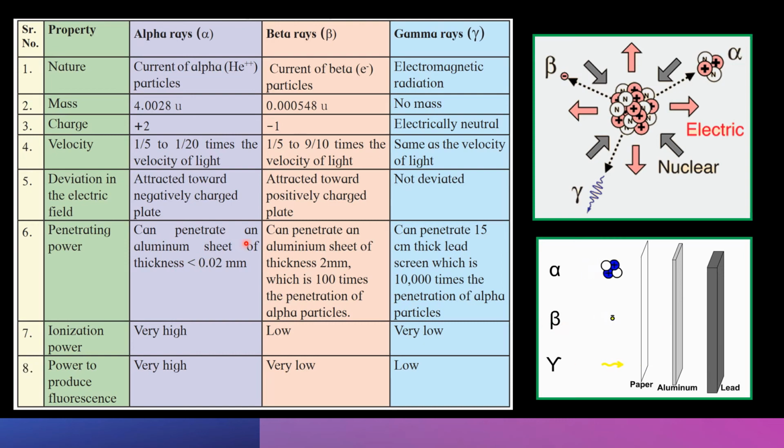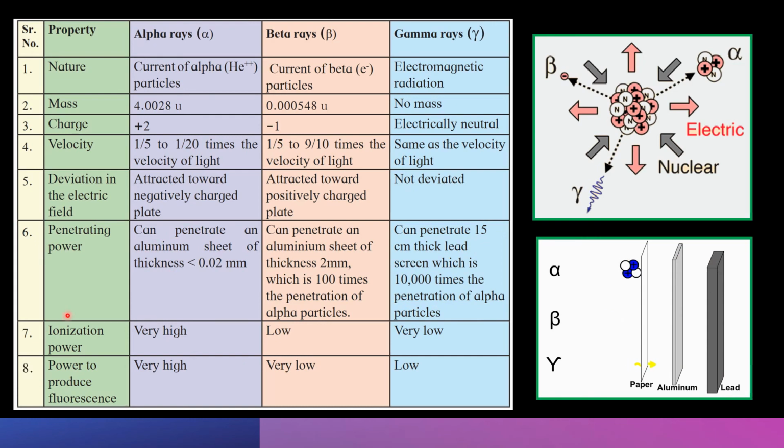Beta rays can penetrate through a 2 millimeter thick aluminium sheet. That is approximately 100 times more penetrating than alpha rays. Gamma rays can penetrate a 15 centimeter thick lead screen. That is, they have 10,000 times the penetration power of alpha rays.